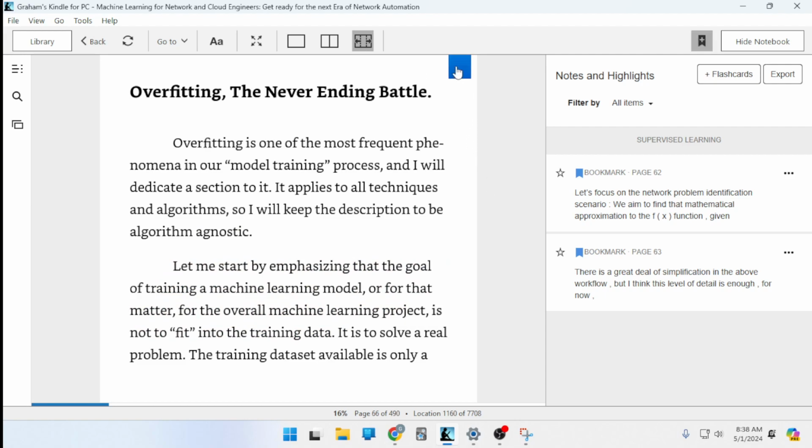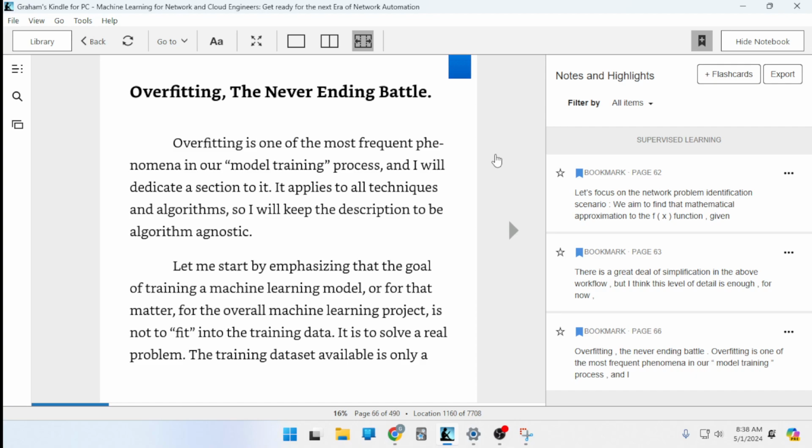Alright, so the next section is overfitting, the never-ending battle. Overfitting is one of the most frequent phenomena in our training model process, and I will dedicate a section to it. It applies to all techniques and algorithms, so I will keep the description algorithm agnostic.